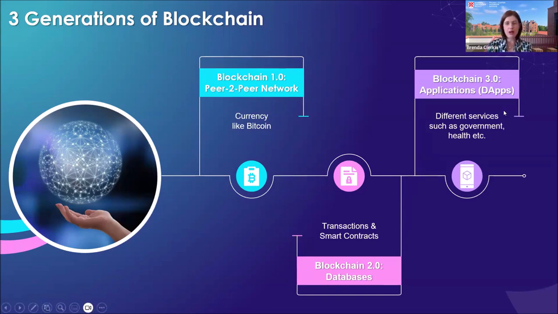And now we're in blockchain version 3, and some actually say we're moving into version 4. But blockchain 3 expanded the capabilities of blockchain even further. So it doesn't just operate within the blockchain itself. It has the capability of reaching out to other resources and working in tandem with those sources.